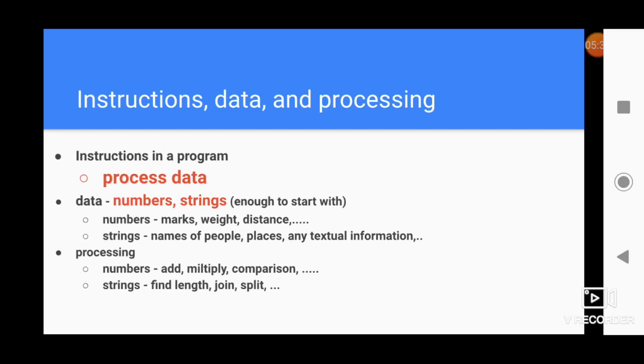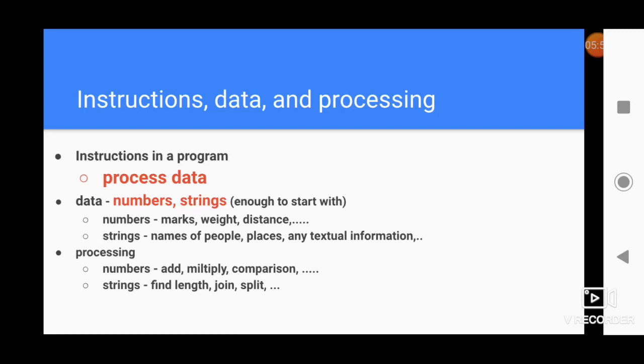It may include an image or an audio file or a video file or any message or any string. Any file on your computer, whether it be an image or a video file or whatever, it is data.